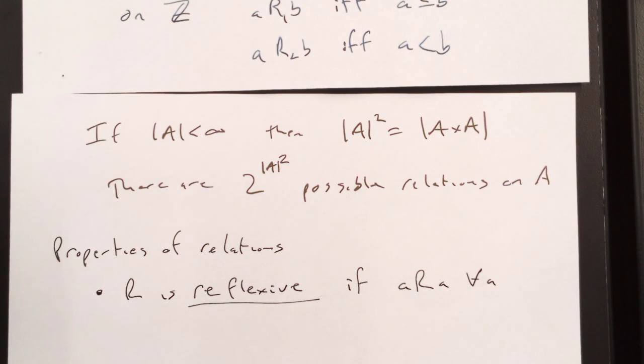A relation is reflexive if A is always related to A. Always, for all A.